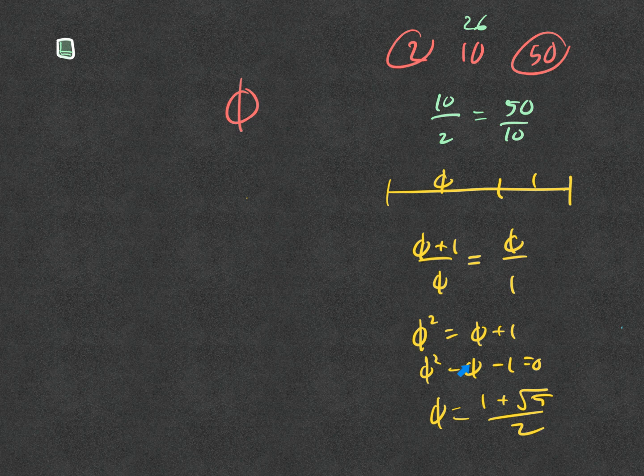When you solve this equation, we get the golden ratio, 1 plus the square root of 5 divided by 2. Anyway, that was a quick discussion explaining exactly what the golden ratio is. There you have it.